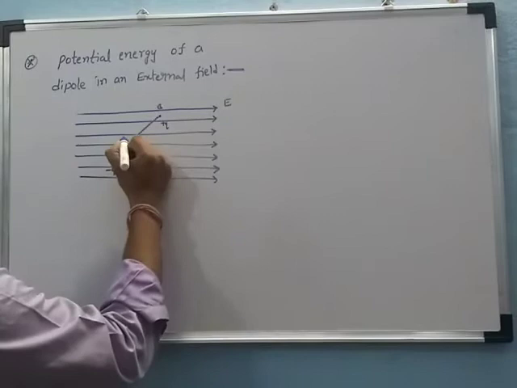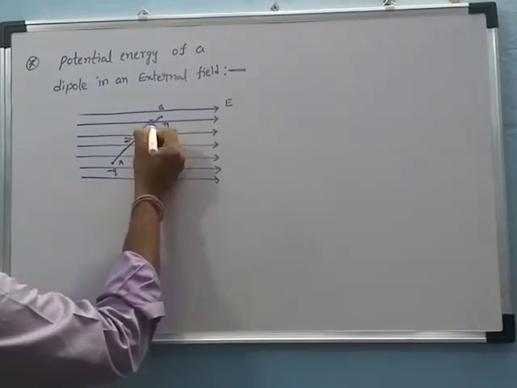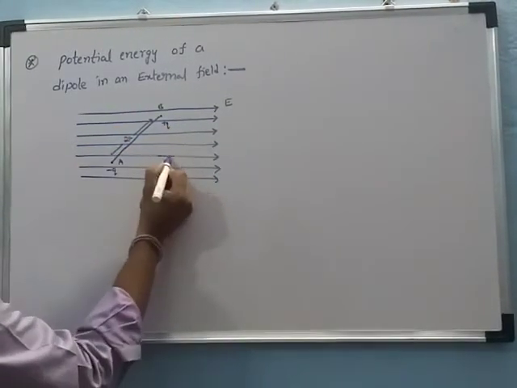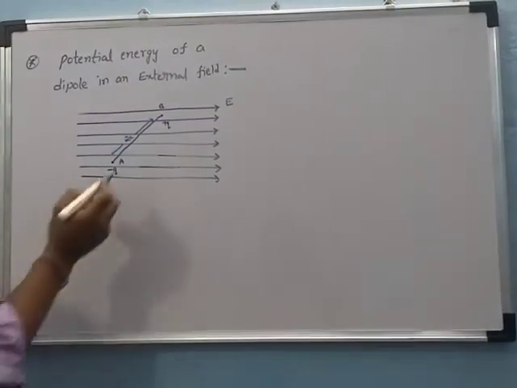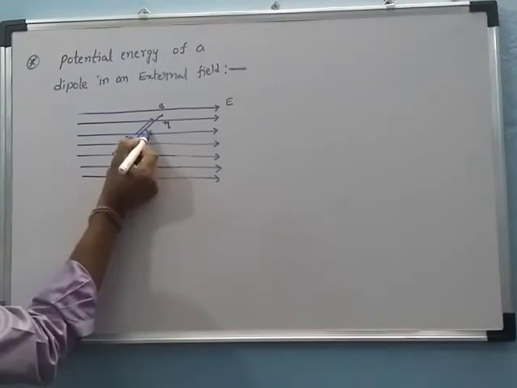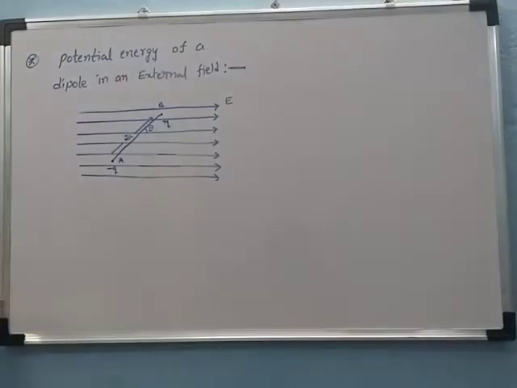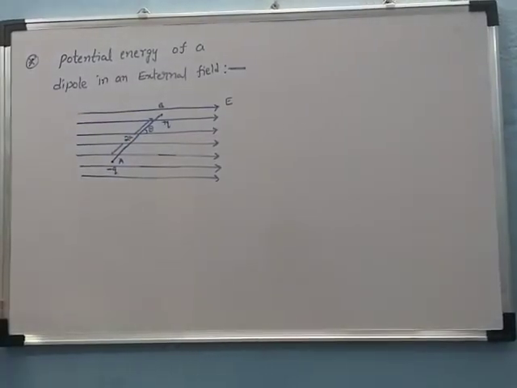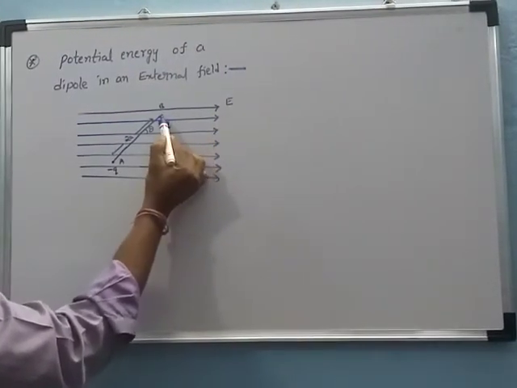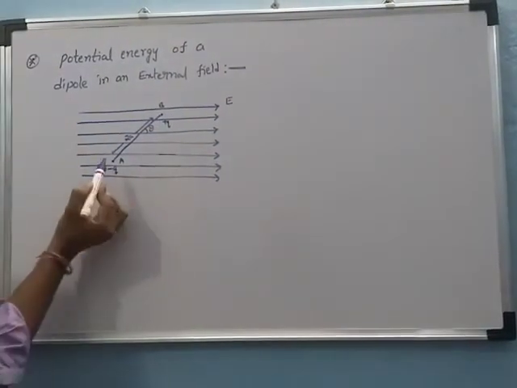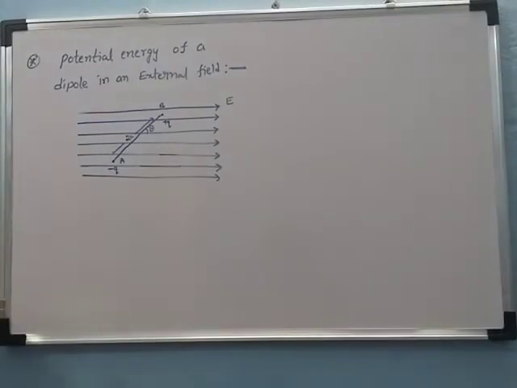That distance is denoted by 2a. Now, it is making an angle theta with the field lines. In this electric field, there is a force exerted on the positive charge and a force exerted on the negative charge.